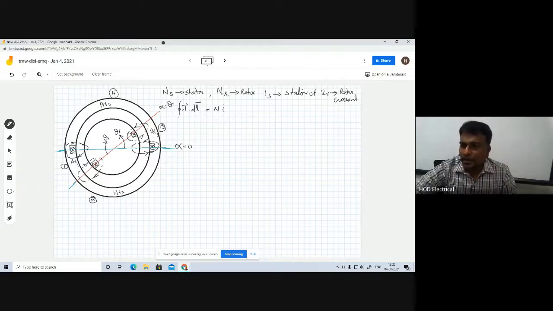Now assume that for the first contour, this is the first contour I am taking. Magnetic field intensity is a vector quantity. Magnetic field intensity towards this direction, left to right, is positive, and right to left is negative.